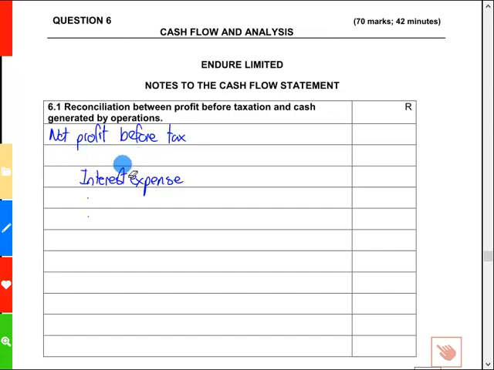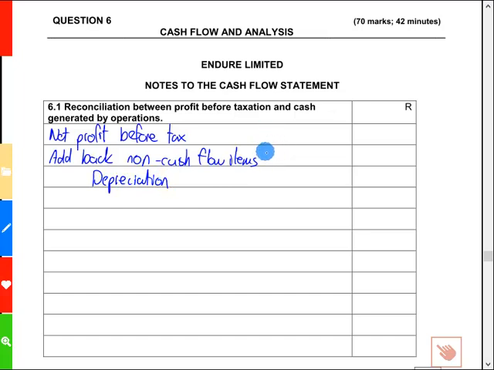It says add back non-cash flow items. And we need to show depreciation. And if there's any other non-cash flow items, we can also include them there.